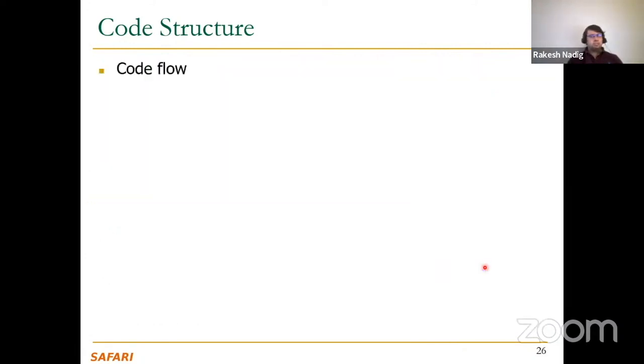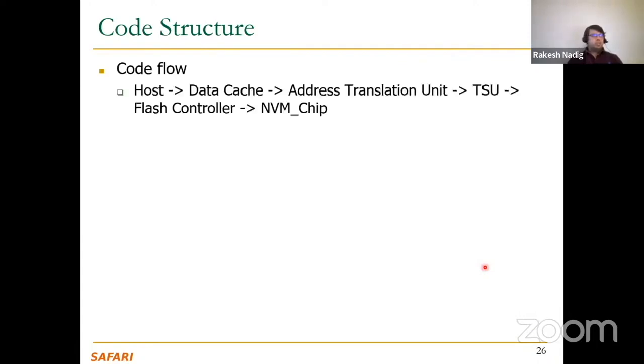Now, let's look at the code flow. Any request has to come from the host, and then to the data cache. If it's a read or a write, it checks whether data is available in the cache, and then it looks at the address translation unit to see if there is a mapping entry in the logical to physical address mapping table.